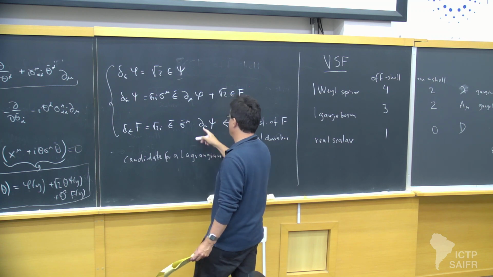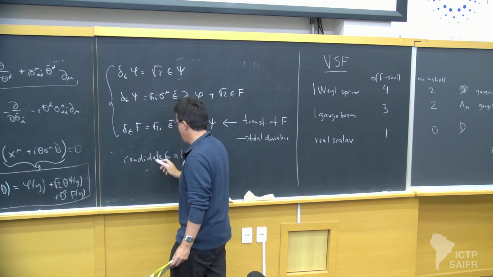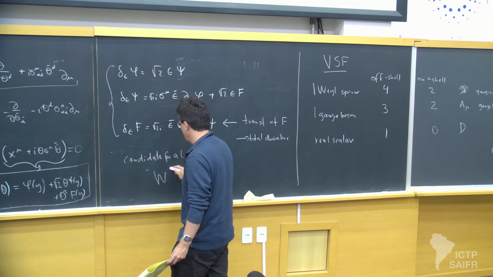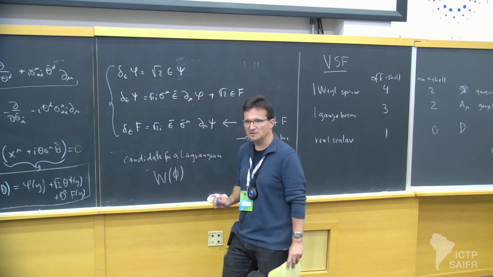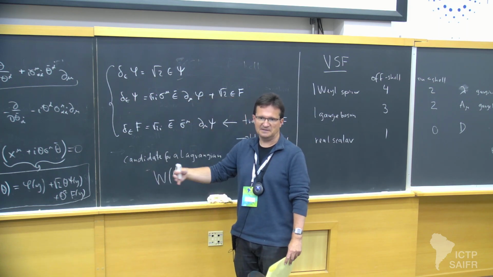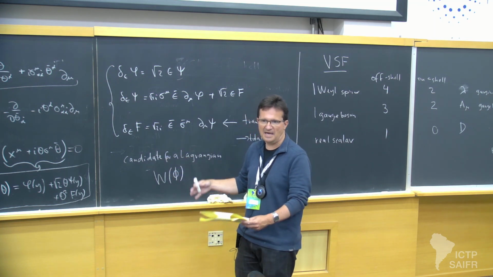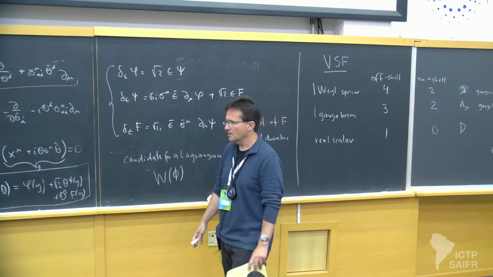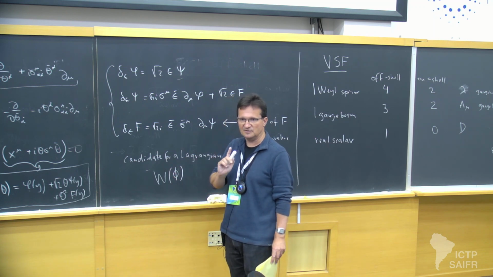Because again, it's a total derivative, so if I take the highest component of an arbitrary function of chiral superfields, for example something linear, quadratic, cubic, any power of chiral superfields, you can check that any product of chiral superfields remains a chiral superfield.